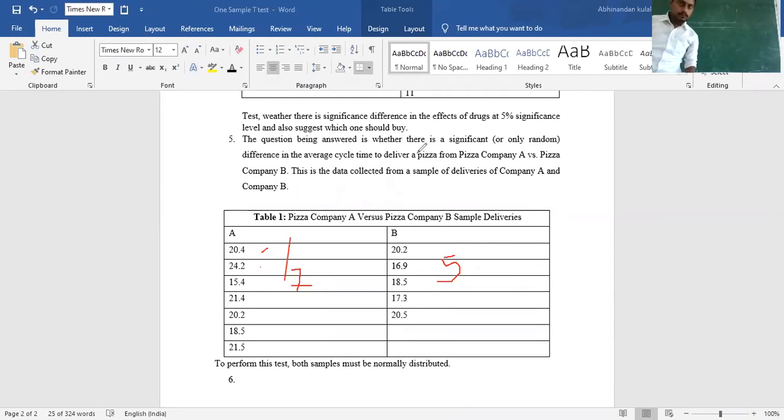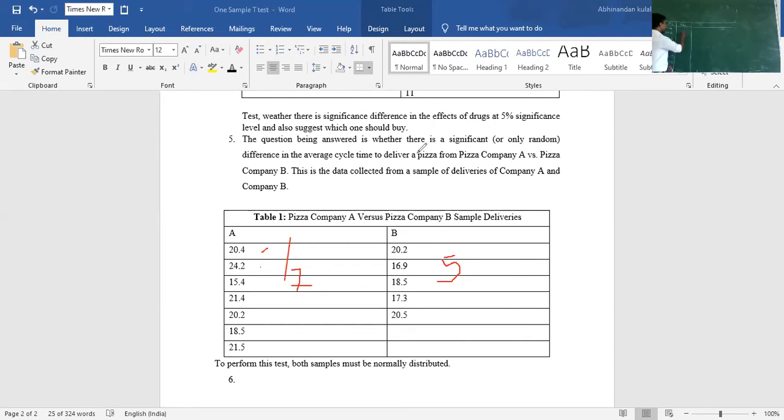So I'll write the values: 20.4, 24.2, 15.4, 21.4, 20.2, 18.5, 21.5.